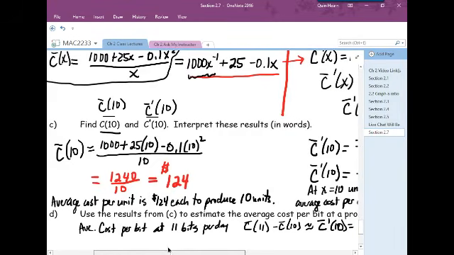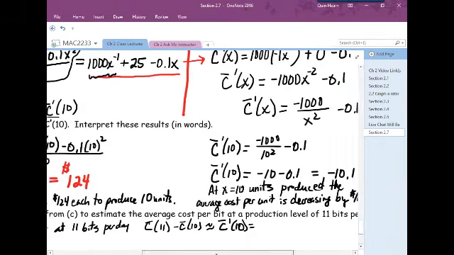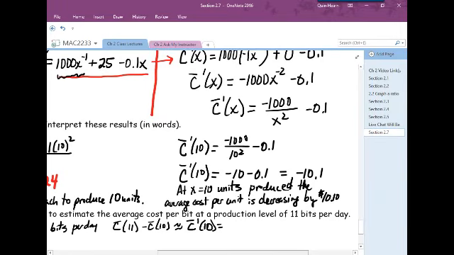Use the results from Part C to estimate the average cost per bit at a production level of 11 bits per day.